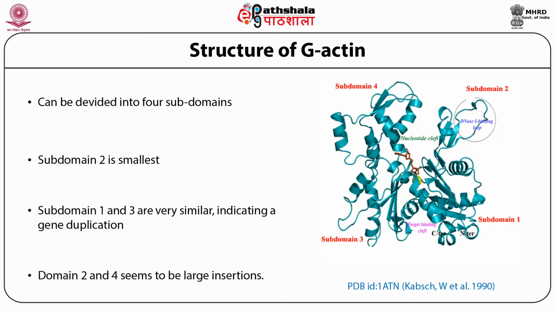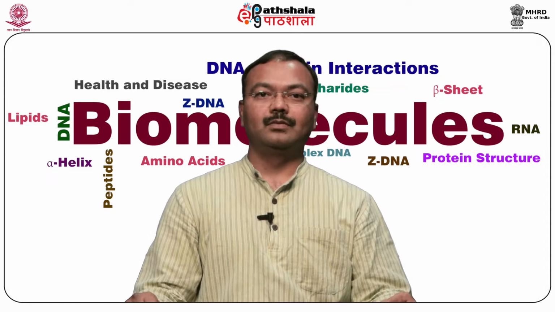The DNase which binds to this loop stabilizes G-actin as a monomer. Now, in the F-actin structure, domain 2 is expected to have a large structural change. Also, there are other small changes in other domains, but domain 2 is expected to have the large structural change.